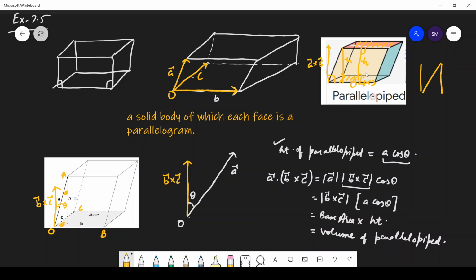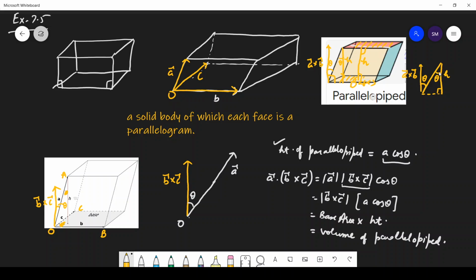And this angle is theta. And these two are parallel lines, so this will also be theta. Agreed? Yes, sir. Okay, thank you.